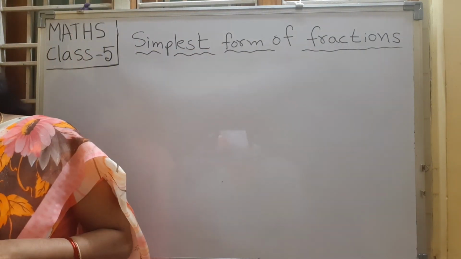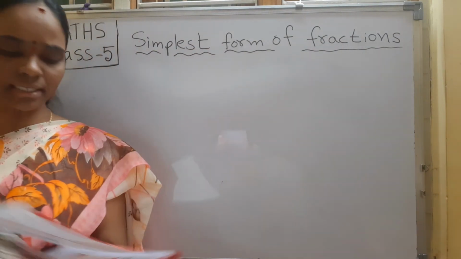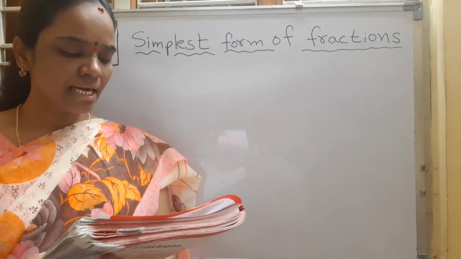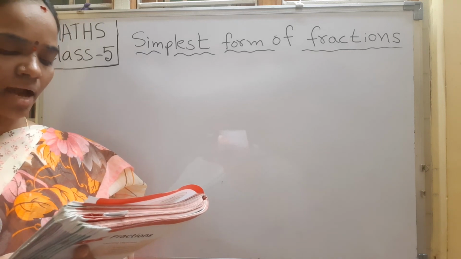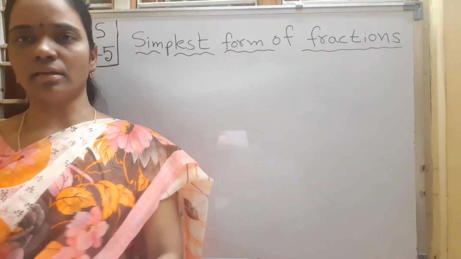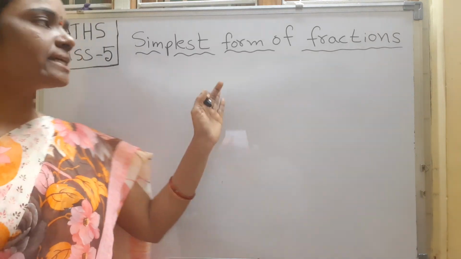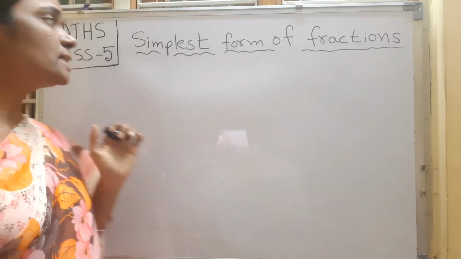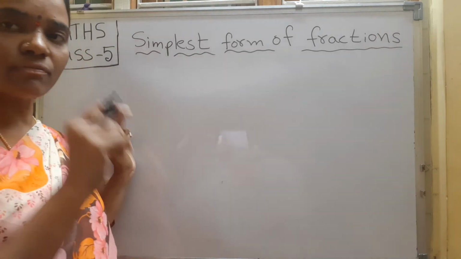A fraction is said to be in the simplest form if its numerator and denominator have no common factor except 1. The common factor of numerator and denominator is 1 only. Okay? Simplest form means nothing but it's a final form.